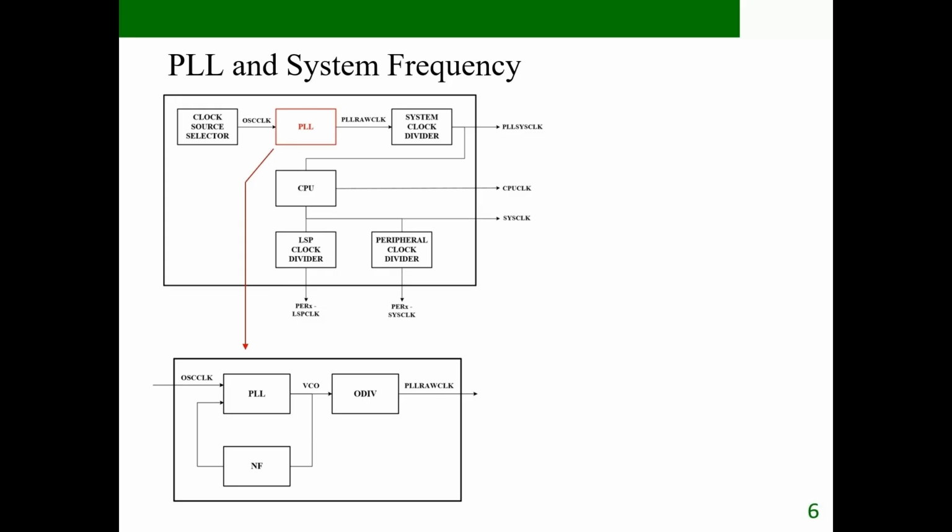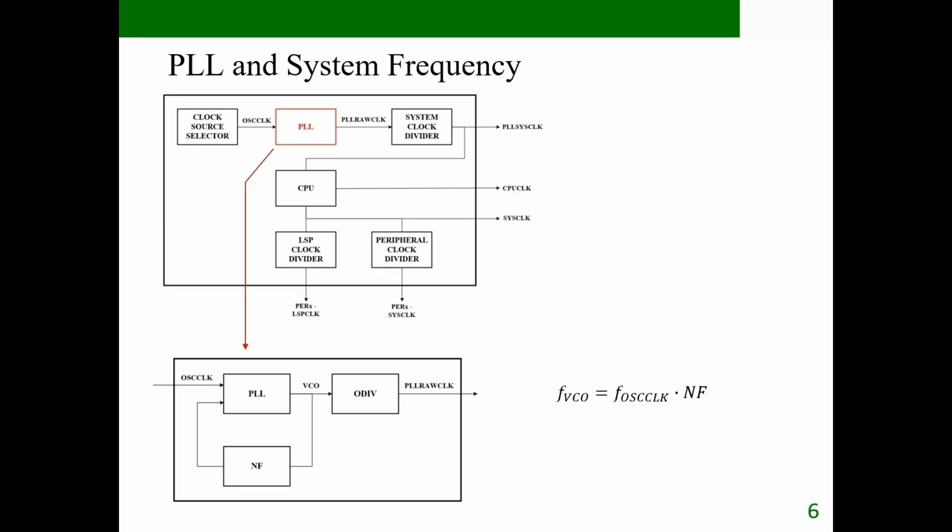This could be an internal oscillator, an external crystal, or the external clock in pin. Inside the PLL, the first important element is NF, the multiplier. This block multiplies the input frequency, scaling it up to generate the voltage controlled oscillator frequency, or VCO frequency.